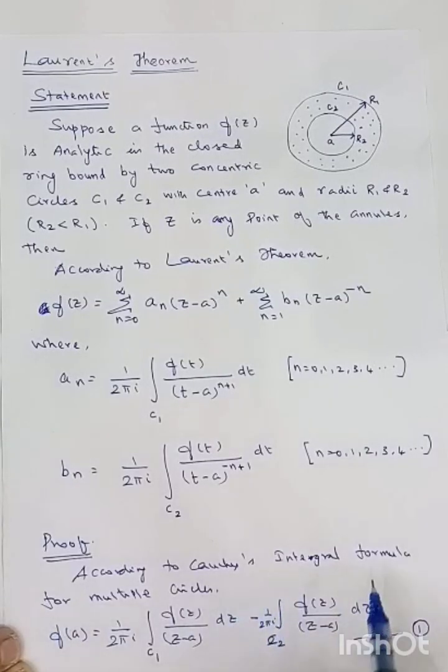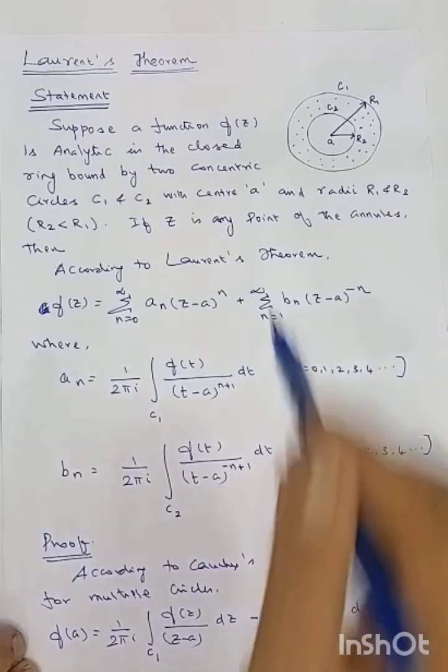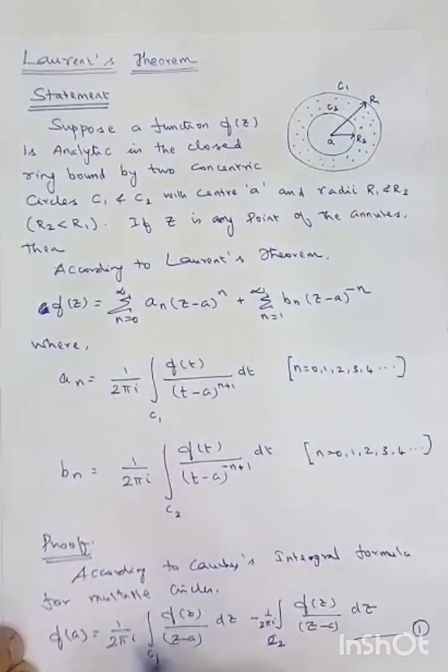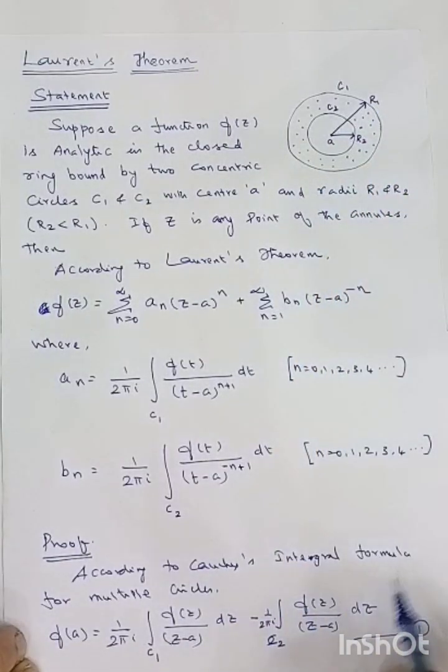We know that Cauchy's integral formula for one circle is f of a is equal to 1 by 2 pi i integral of C1 f of z divided by (z minus a) into dz. We are having two circles, so for multiple circles, Cauchy's integral formula is f of a equal to 1 by 2 pi i integral C1 of f of z divided by (z minus a) into dz, minus, for another circle, 1 by 2 pi i integral C2 of f of z divided by (z minus a) into dz. Okay, so let it be equation number 1.